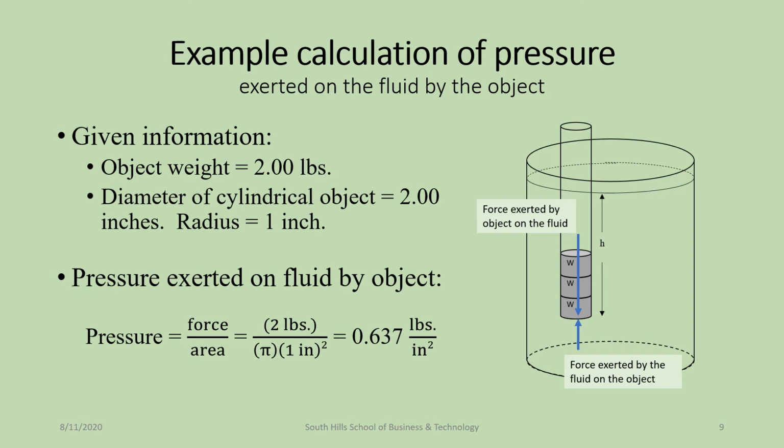So let's say this cylindrical object has a weight of 2 pounds, and it has a diameter of 2 inches, which means the radius would be 1 inch. So the pressure exerted on the fluid by the object would be equal to force divided by area, which is 2 pounds divided by pi r squared, in this case 0.637 pounds per square inch.